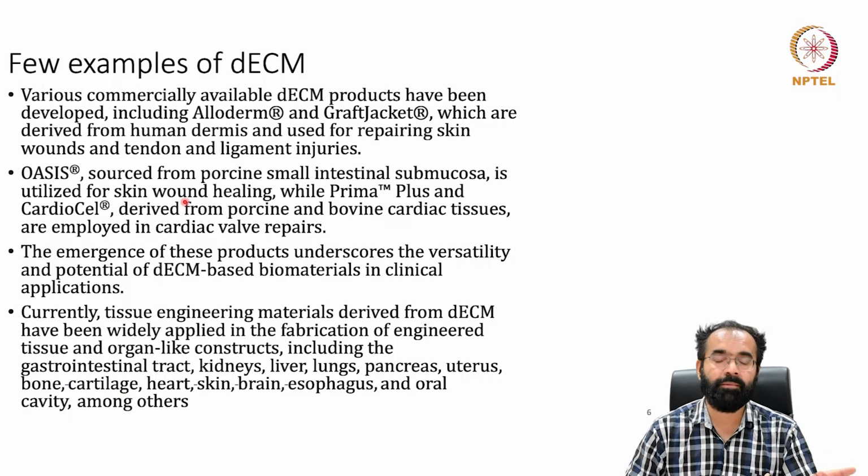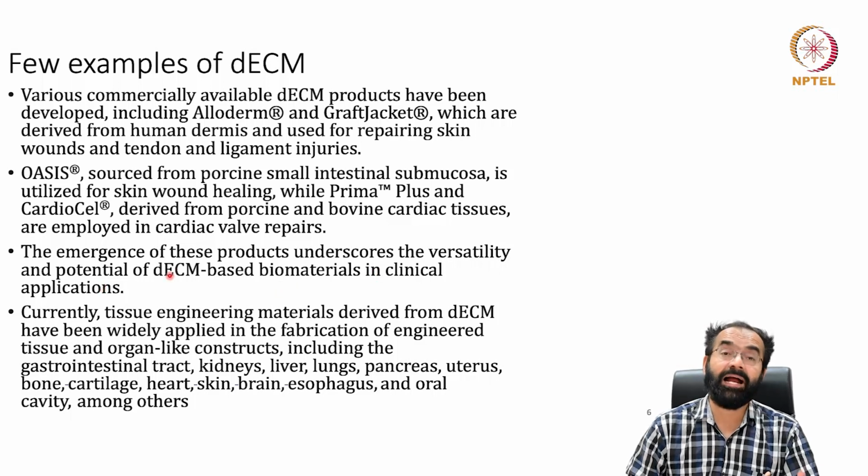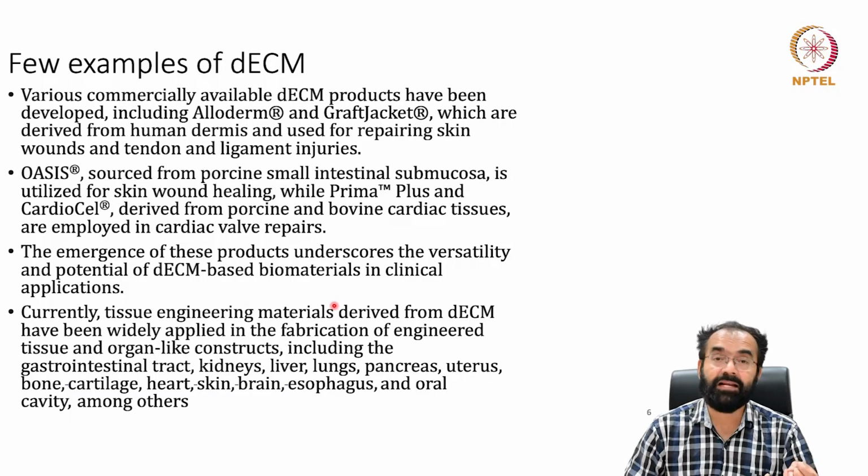That is from a pig. While Prima Plus and Cardiocel, two other products derived from porcine and bovine cardiac tissues, are employed in cardiac valve repairs. The emergence of these products underscores the versatility and the potential of dECM-based biomaterials for clinical applications.